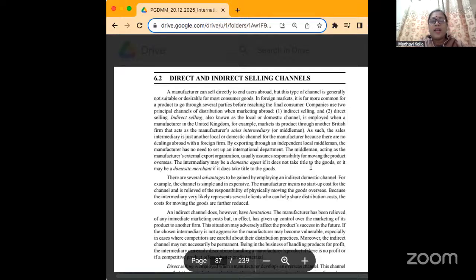A manufacturer can either sell directly to end users abroad, but this type of channel is generally not suitable for consumer goods. Particularly, we have been talking about certain examples like apparel, food, etc., where in foreign markets it may work out to be very expensive to set up your own distribution channel like you have done in the home country, because of the cost, because of the infrastructure that is required, the office space, the warehouse and storage spaces.